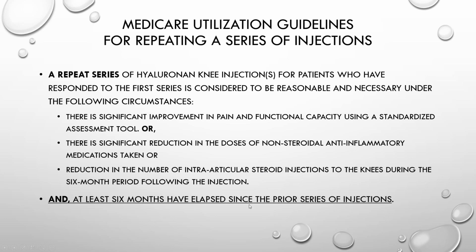And one of the things that I have found is that the commercial payers pretty much adopt these guidelines as well. So if you're a biller and you're listening to this, make sure your providers know what these parameters are so that if a patient does come back for a repeat series of treatments, you're coding it correctly.